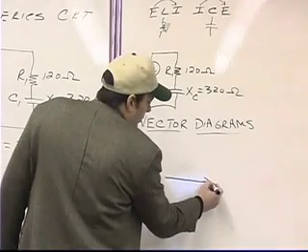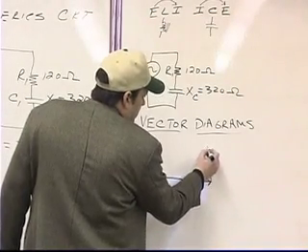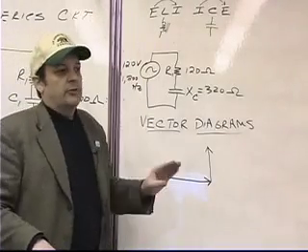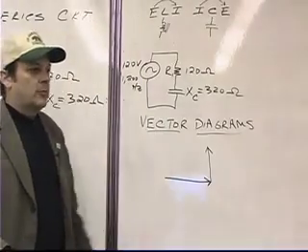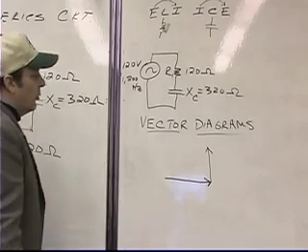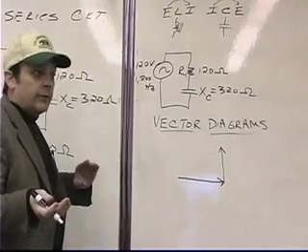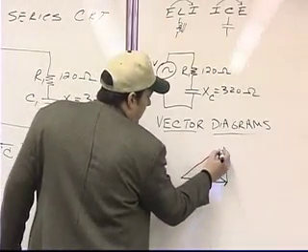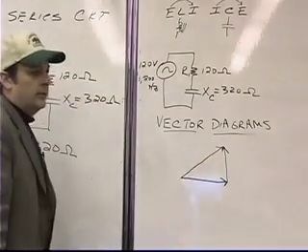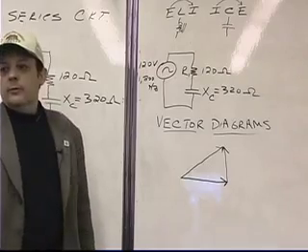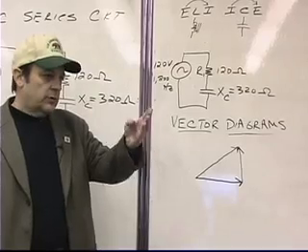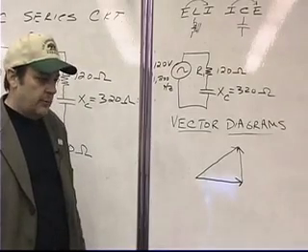The vertical axis, which I'll actually be drawing in a downward direction when we deal with LRC circuits, but for now I'll just draw it upward, it's easier to learn that way, will represent the voltage drop across the capacitor. And can anybody guess what the hypotenuse will represent? It'll represent the voltage drop across the source.